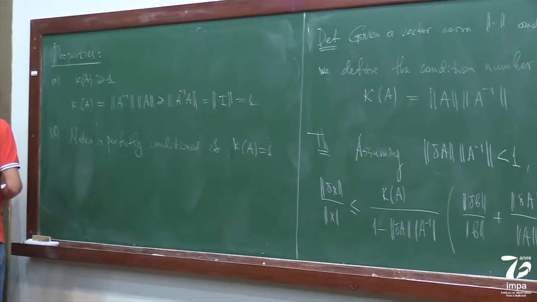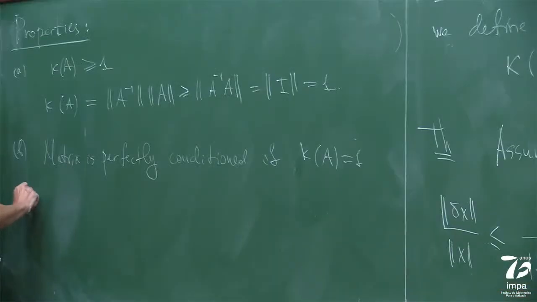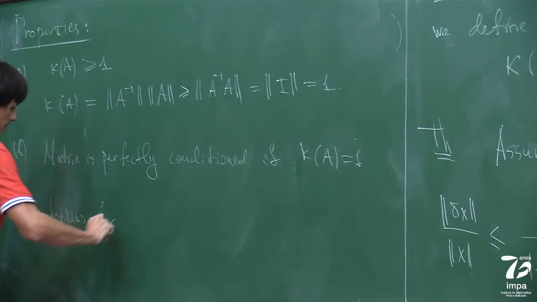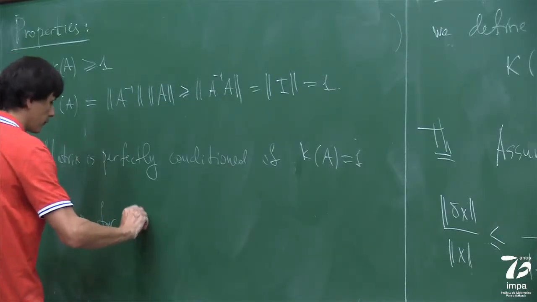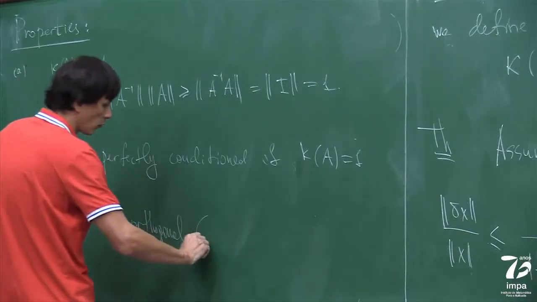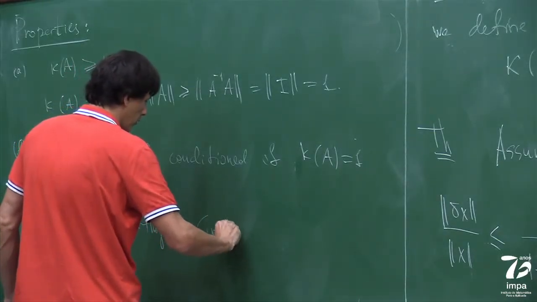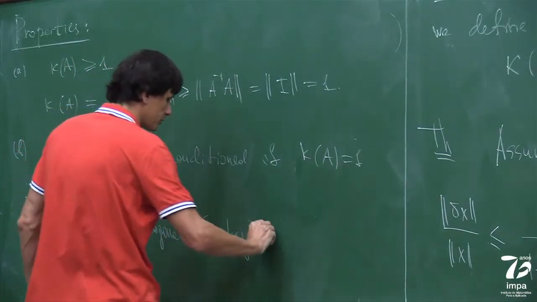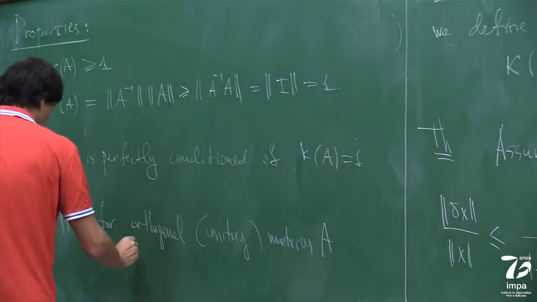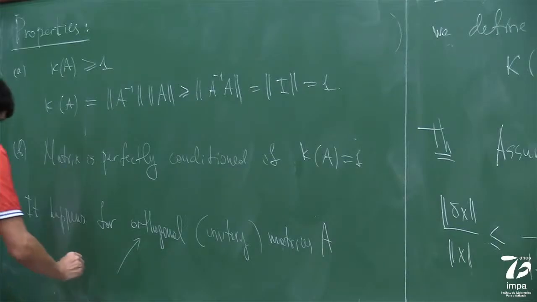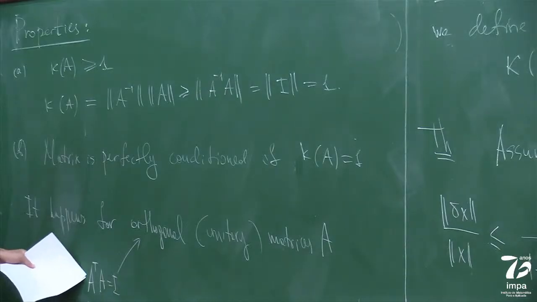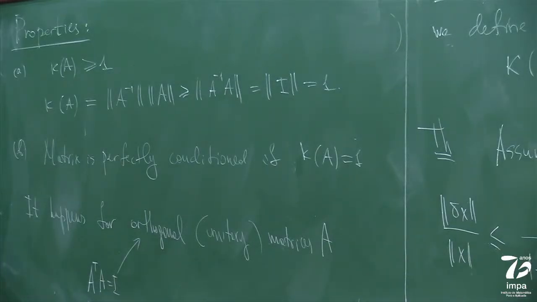So when does it happen? It happens for orthogonal matrices in the case of real, or unitary in the case of complex matrices. What does orthogonal mean? It means that A transpose A is the identity, so the inverse coincides with the transpose.